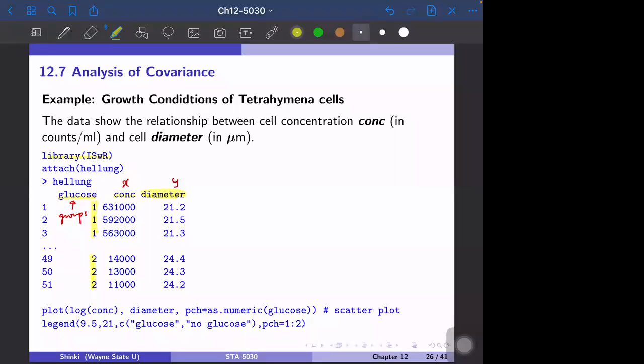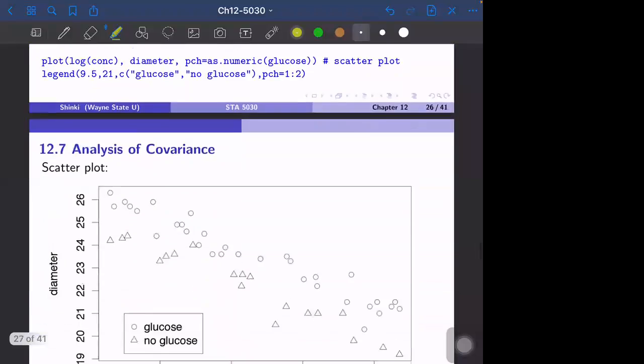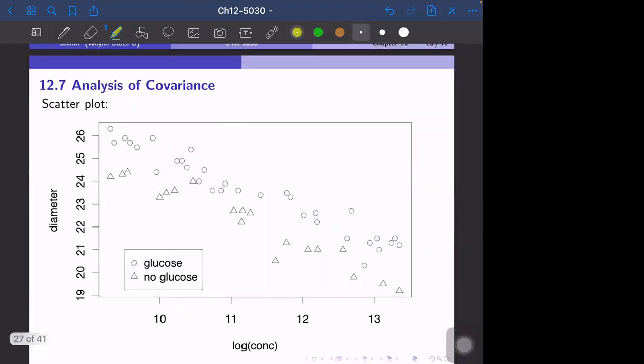And this is the scatter plot. You can see that for glucose level 0 and 1, we have two different groups. If we think about the trend line of the no glucose group, probably the trend line is around here.